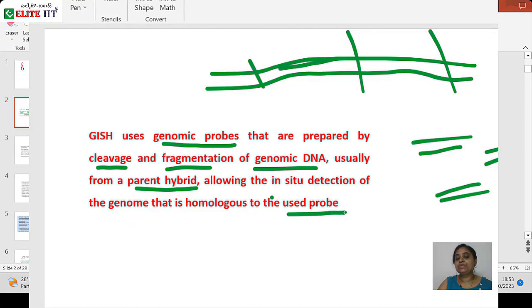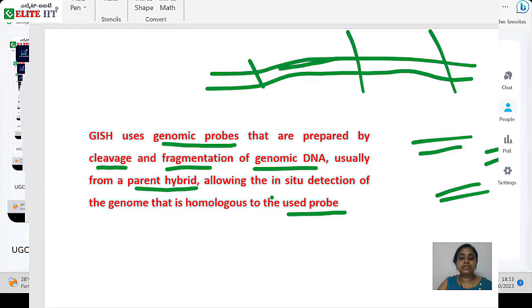Whatever probe you are using, it should be homologous to the genome. Then only you can identify that genome.